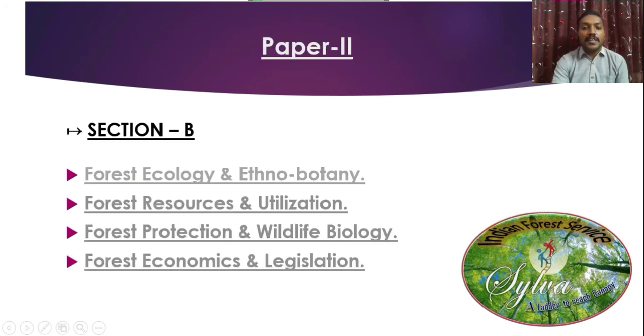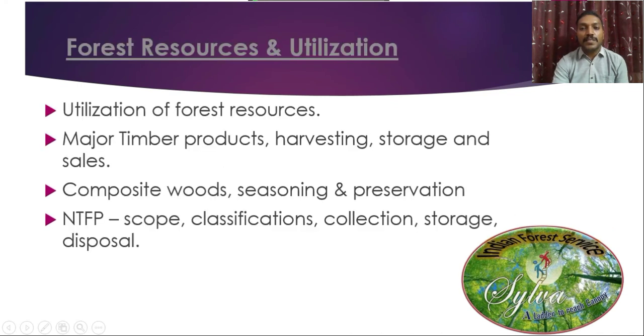And the second important aspect is about the forest resources and utilization. Utilization is talking about 2 important aspects: one is the timber and the other is non-timber forest products. These 2 are part of this utilization. In the major timber products, we will be studying how the wood is harvested, how it is stored, and how the sale is taking place.